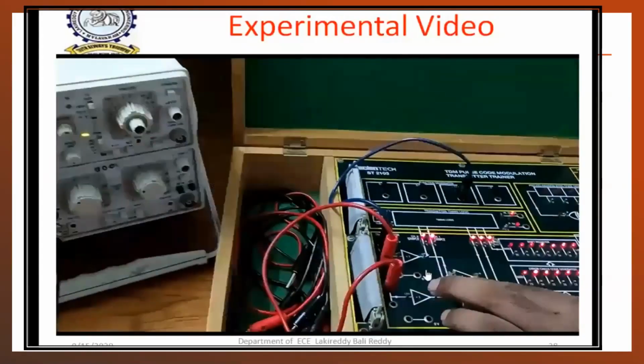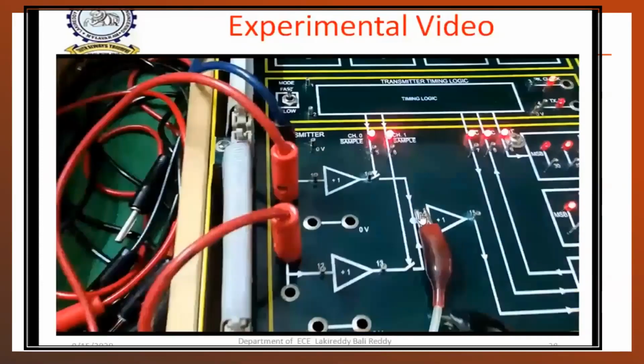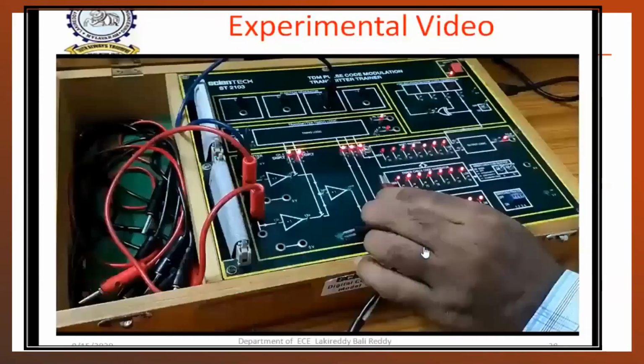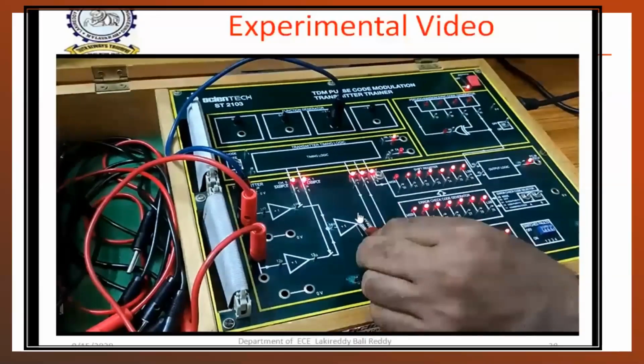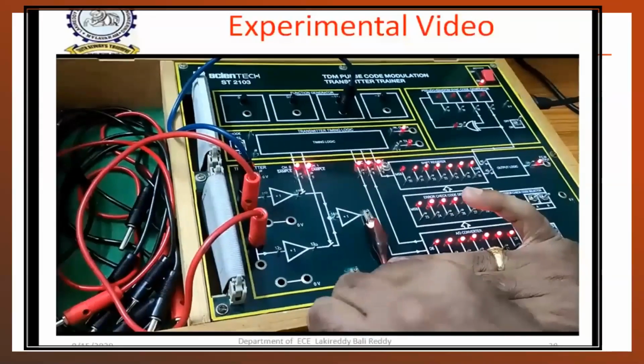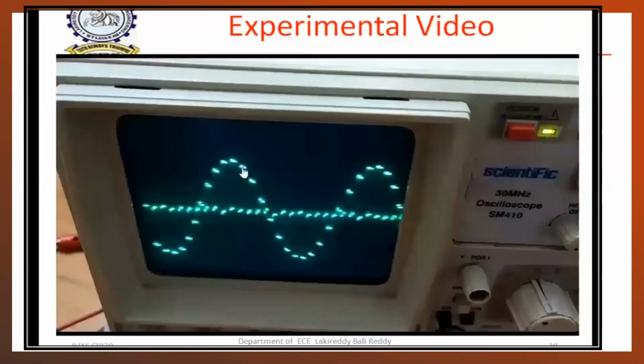Now, if you observe the sampled output here, it will be like this, having a number of samples. And if you observe the quantized output after this block, all the sample values are rounded off or approximated to the nearest quantization level. That is the only difference between sampled output and quantized output.